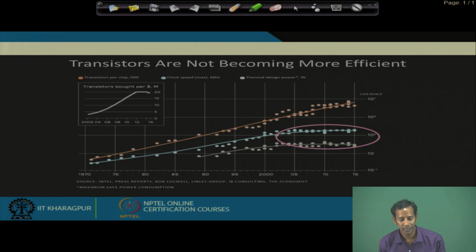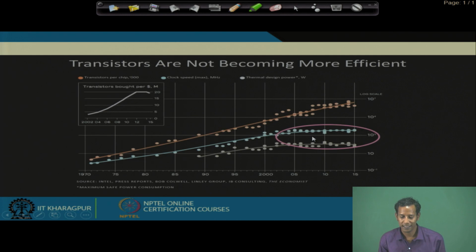And then if you see the trends in transistors, that means how these technologies are changing, the transistors are not becoming that much more efficient day by day. This is a report from Intel.